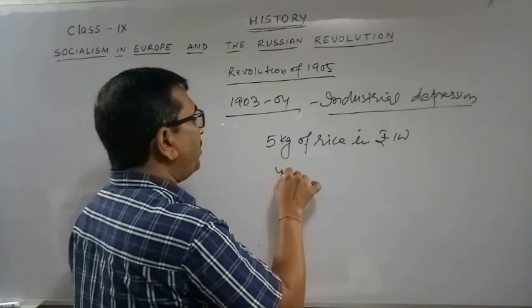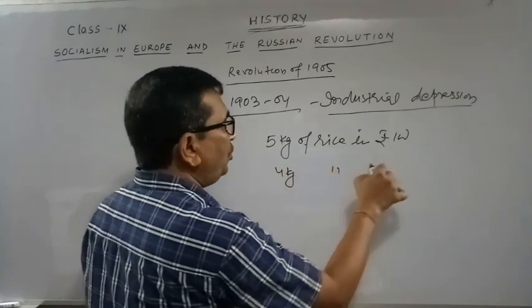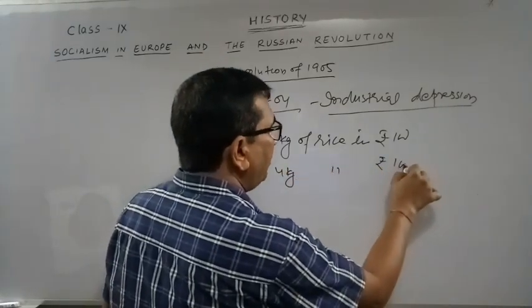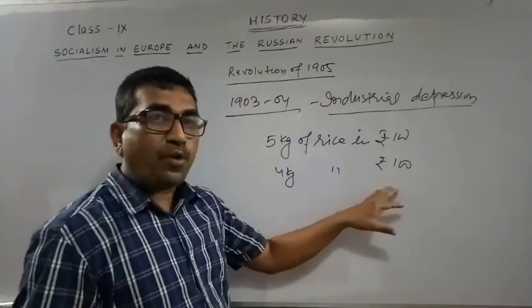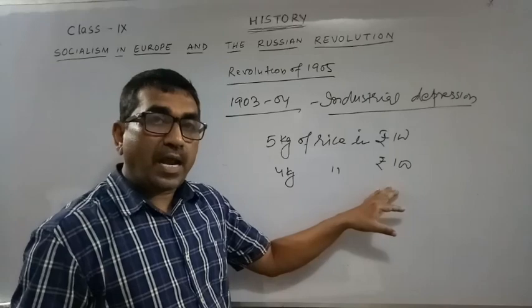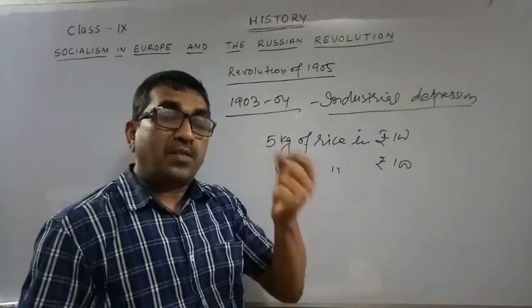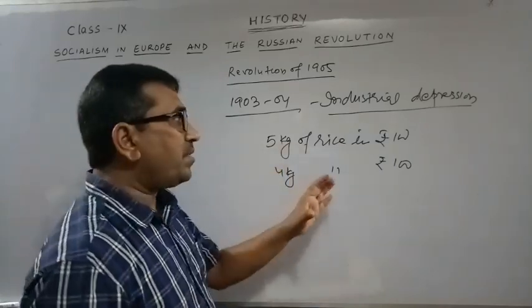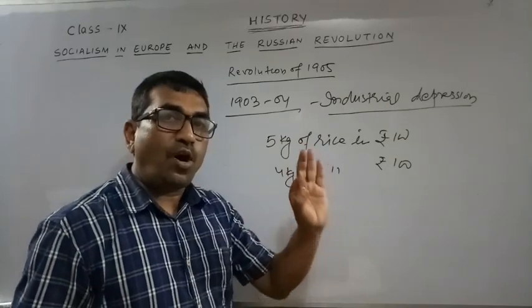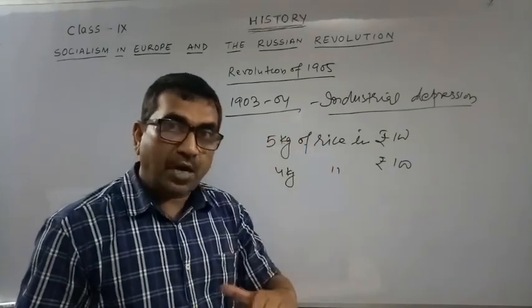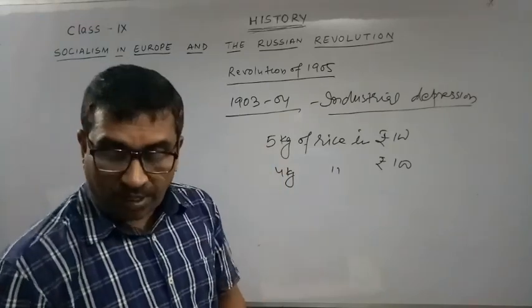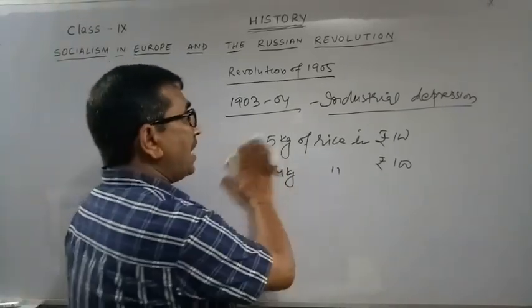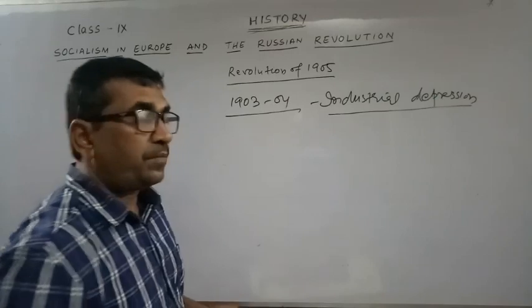Now you are able to purchase only 4 kg of rice in ₹100. It means 100 rupees is able to purchase less commodity, so the real value of currency has decreased. In Russia also the real value decreased in 1904.